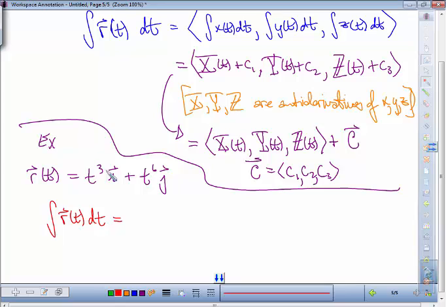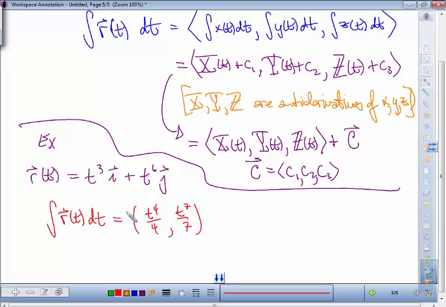So this only has two components. I won't worry about the z component. So I'll just take the antiderivative of each of them term by term. I'm going to go back to my parentheses notation. t cubed, the antiderivative, I think, is t to the fourth over 4. And then t to the sixth is t to the seventh over 7.